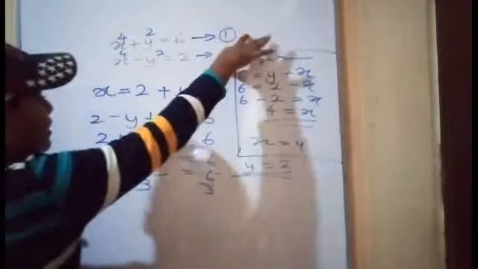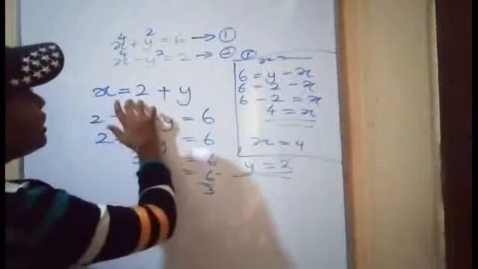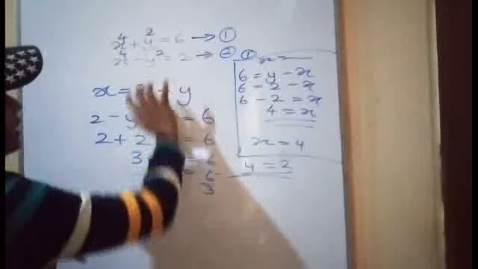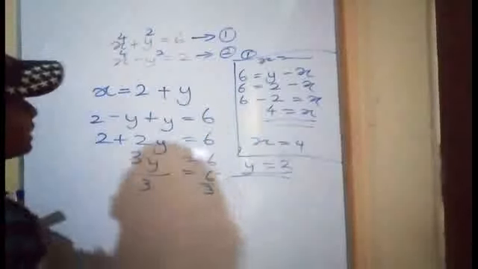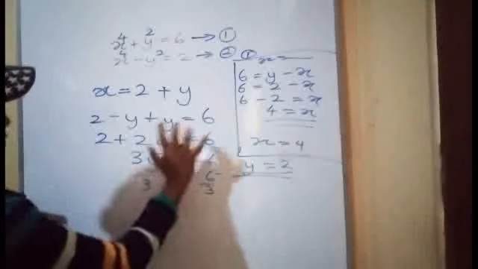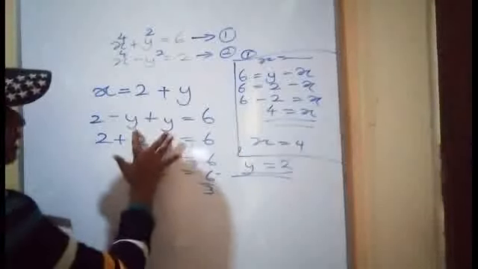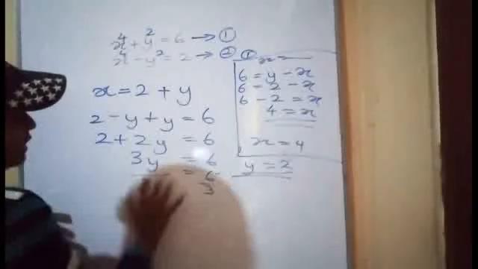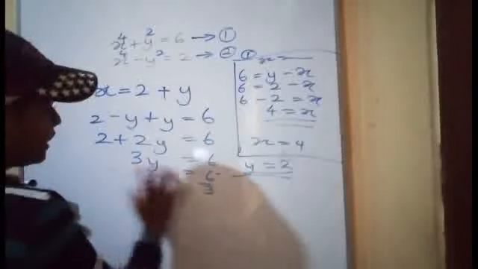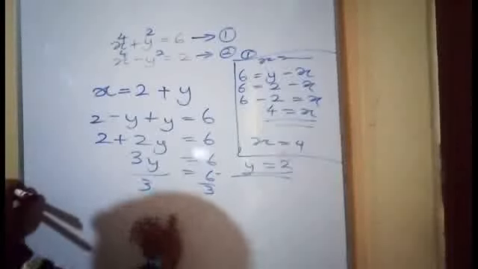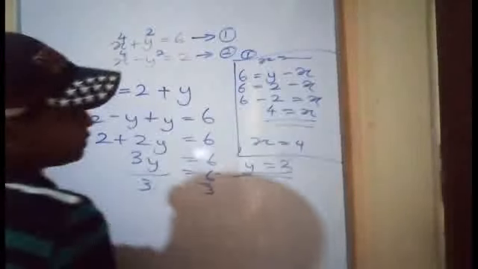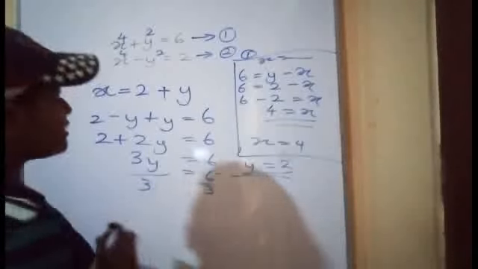So, let's write out the 1 and 2 again. The x equals 2 plus y. And now 2 plus 2y, the 2y equals 6. Now, that means 3y equals 6. Both sides divided by 3, and now that means y equals 2. And now we do the x value, we want to find it.